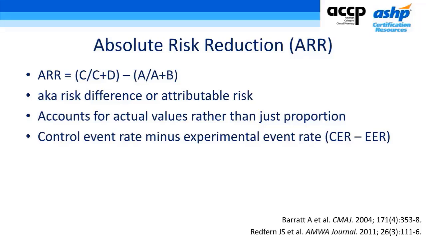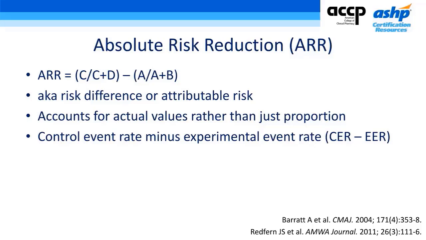As I mentioned in the question slide, the absolute risk reduction is the control event rate minus the experimental event rate. In the first bullet point is the mathematical equation to calculate the absolute risk reduction. The absolute risk reduction could also be known as the risk difference or attributable risk.